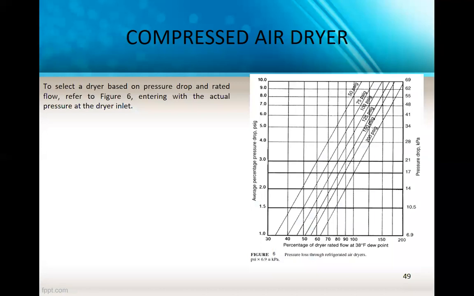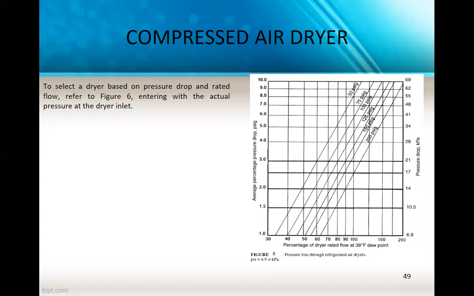Now to select a dryer based on pressure drop and rated flow, refer to figure 6, entering with the actual pressure of the dryer inlet. So pressure loss in the refrigerated air dryer, PSI times 6.9 is kilopascal.